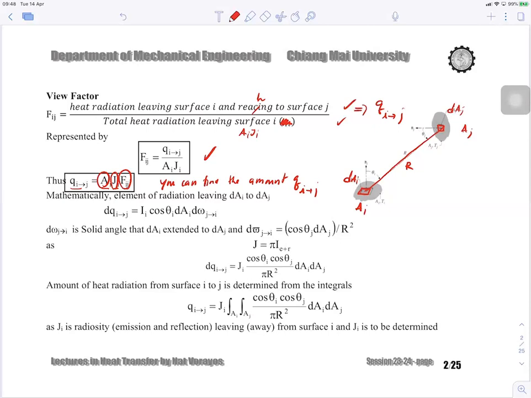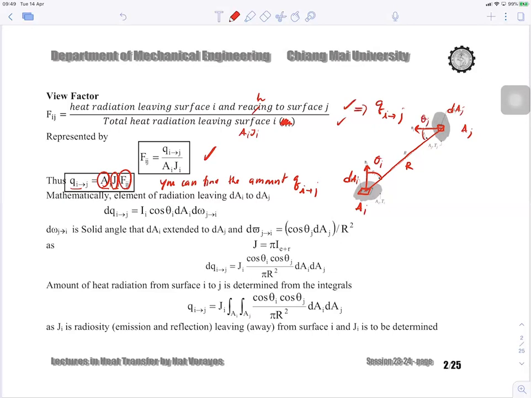And we have the axis normal to the surface. We define theta as the angle between the normal to the surface and the connecting line r. So we have theta i and theta j.